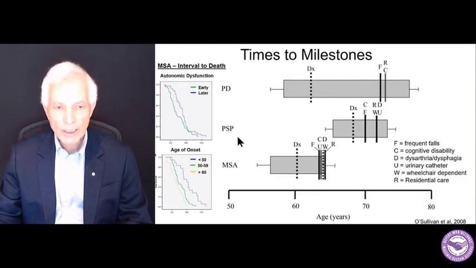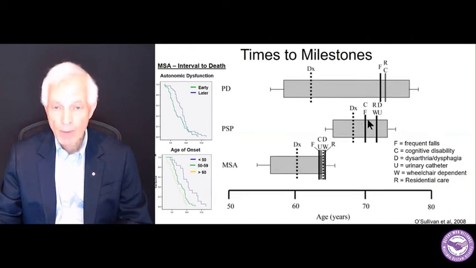Another Parkinsonian disorder that can be mistaken for both Parkinson's disease and MSA is progressive supranuclear palsy. This is a disorder that begins later in life, usually in the 60s and 70s, develops over a fairly short course like multiple system atrophy, and unfortunately death occurs within 10 years or less.